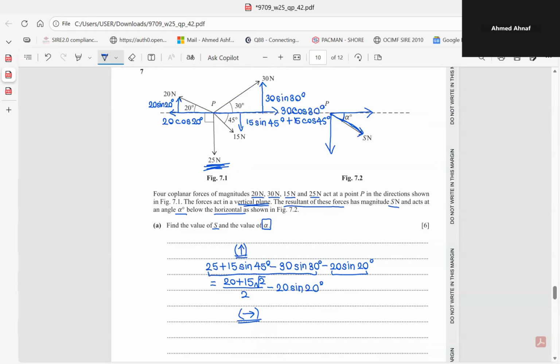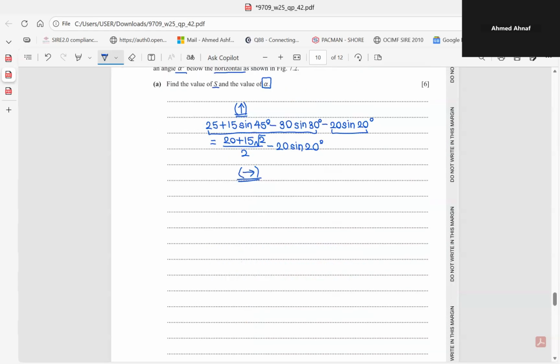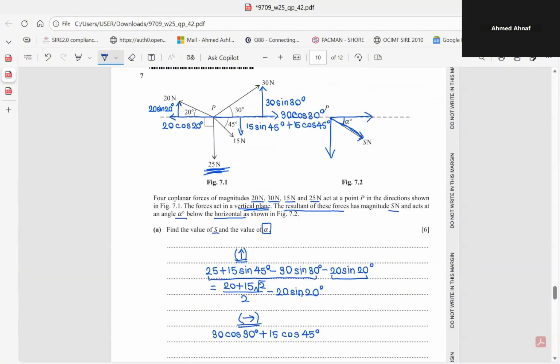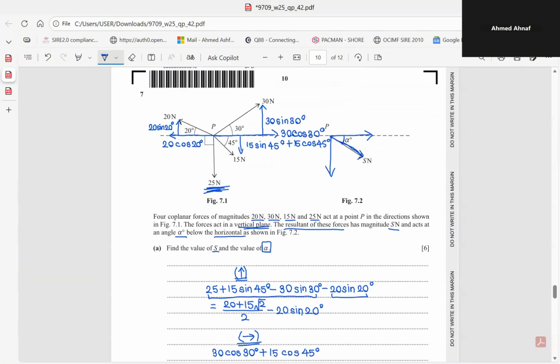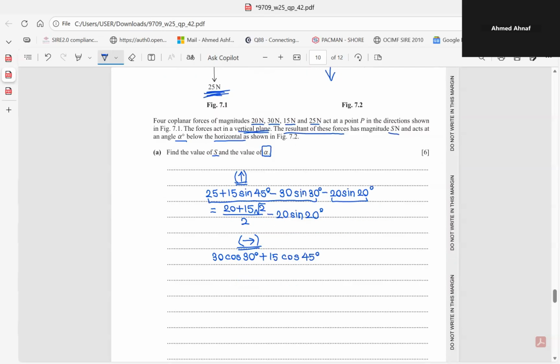So just add those up: 30 cosine 30 degrees plus 15 cosine 45 degrees minus 20 cosine 20 degrees.